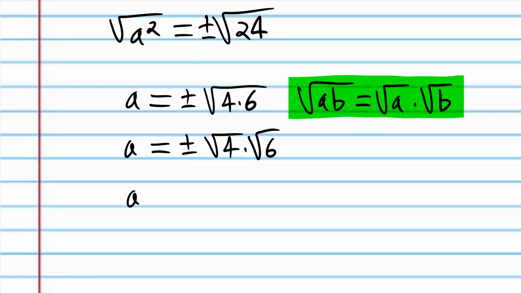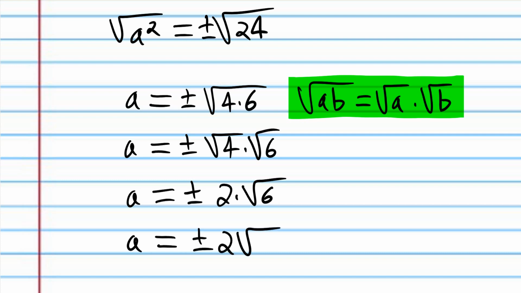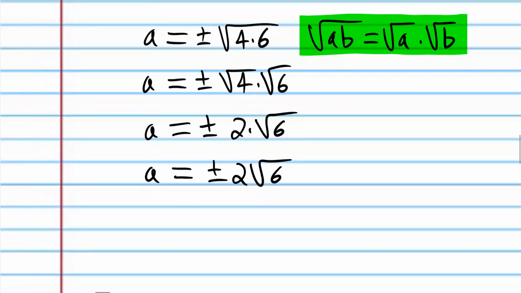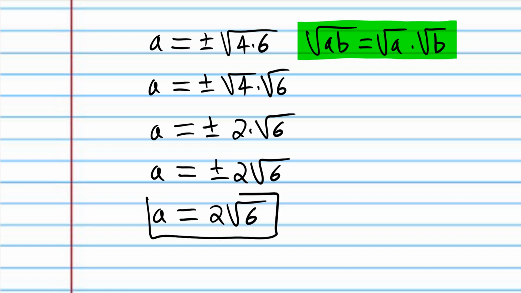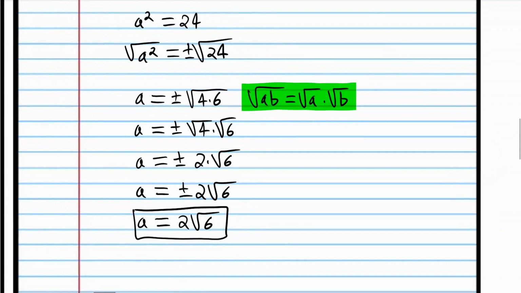And the square root of 4 is 2. And we can get rid of the dot. You don't have to show every single one of these steps. But again, we're reviewing the basic concepts, so I'm showing more steps than necessary. And of course, if we're assuming this is a real-world triangle, then your answer has to be positive. There's no such thing as a negative side length.